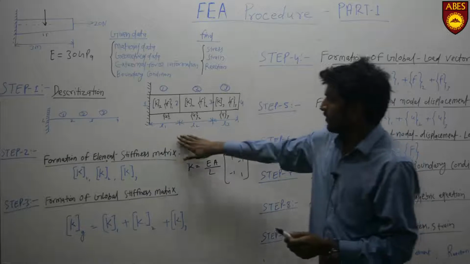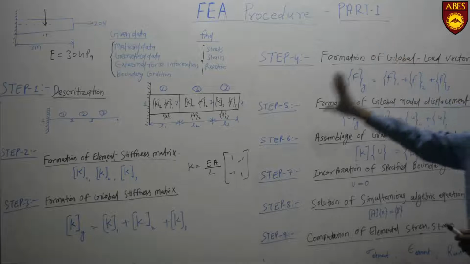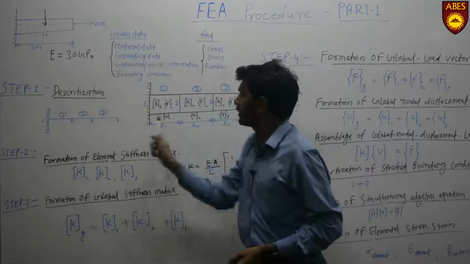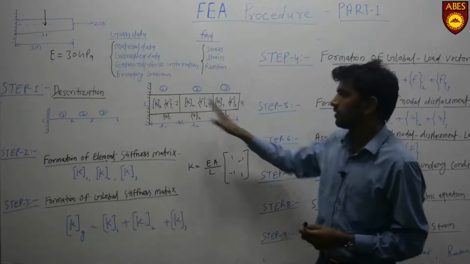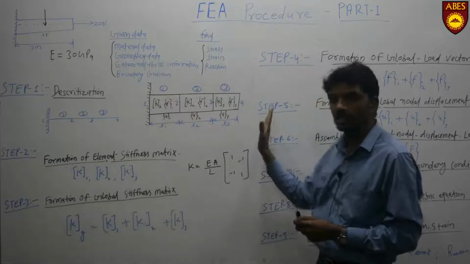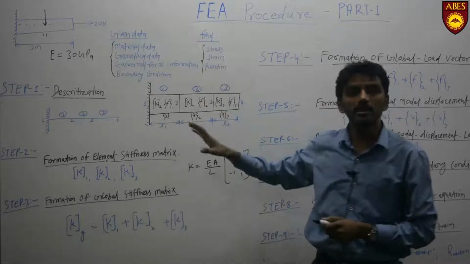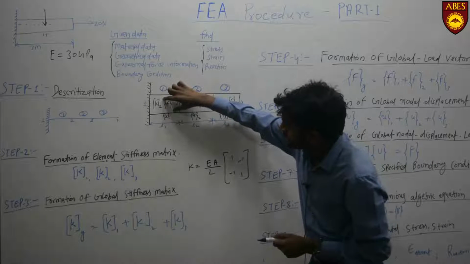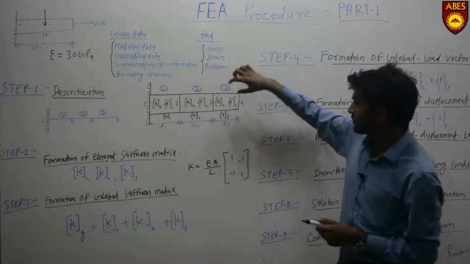Then the second information we need is the force vector. Here I have said that we have divided our original problem into 3 parts, 1, 2, 3. We have found K1, K2, K3 for individual elements, then assembled the local into the global sense. In a similar way, we are going to find the force vector for element 1, element 2 and element 3.